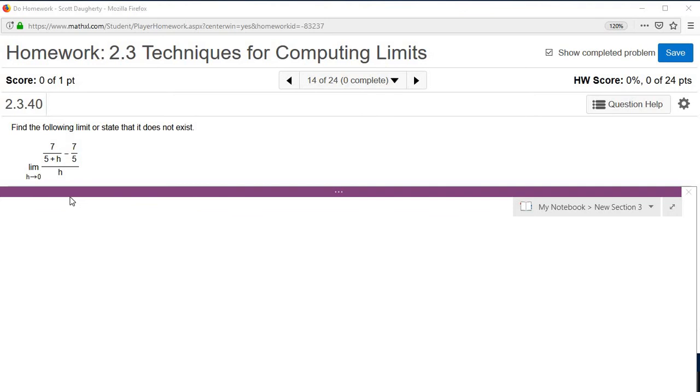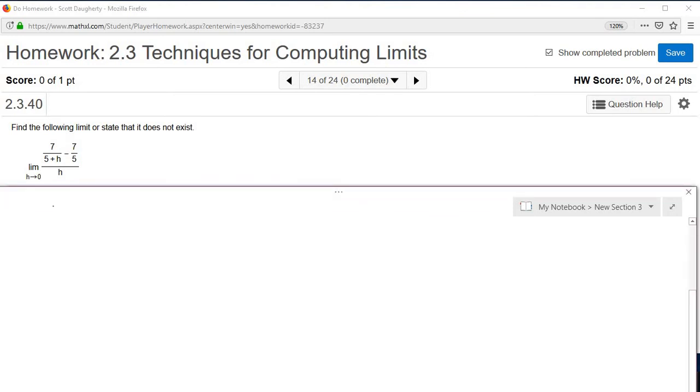Okay, so I'm going to manipulate this function to make it determinable. What I'm going to do is get a common denominator for the top part of this fraction.